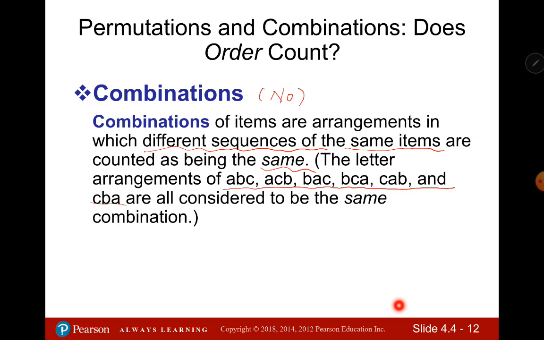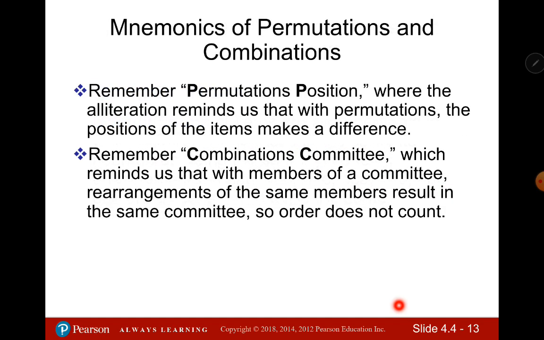They are just the same. ABC is the same as ACB is the same as BAC. So all of these situations can only be counted once. This page just shows you the permutation.